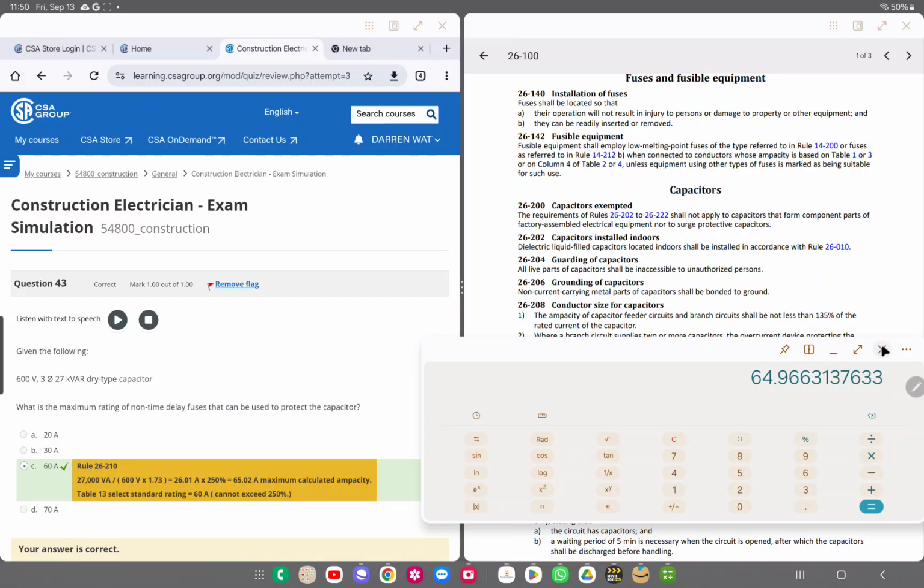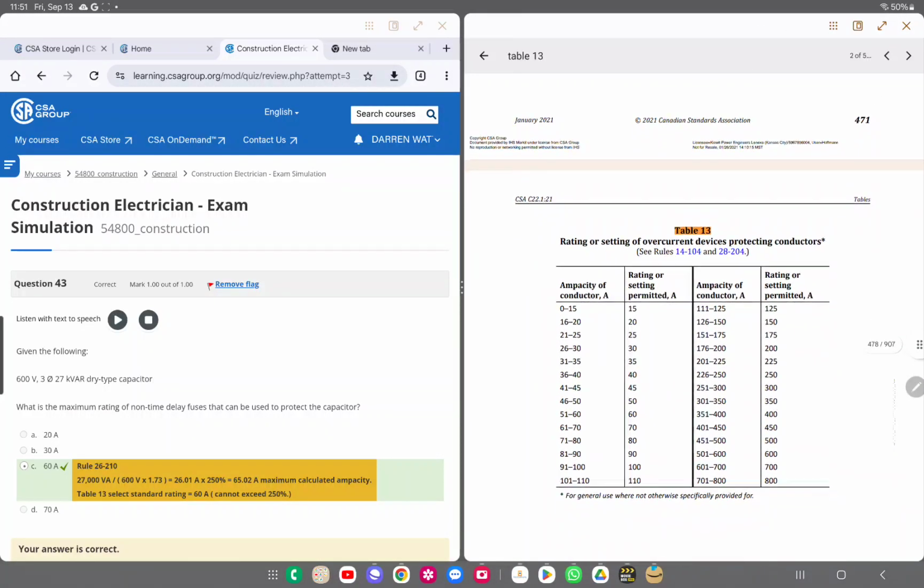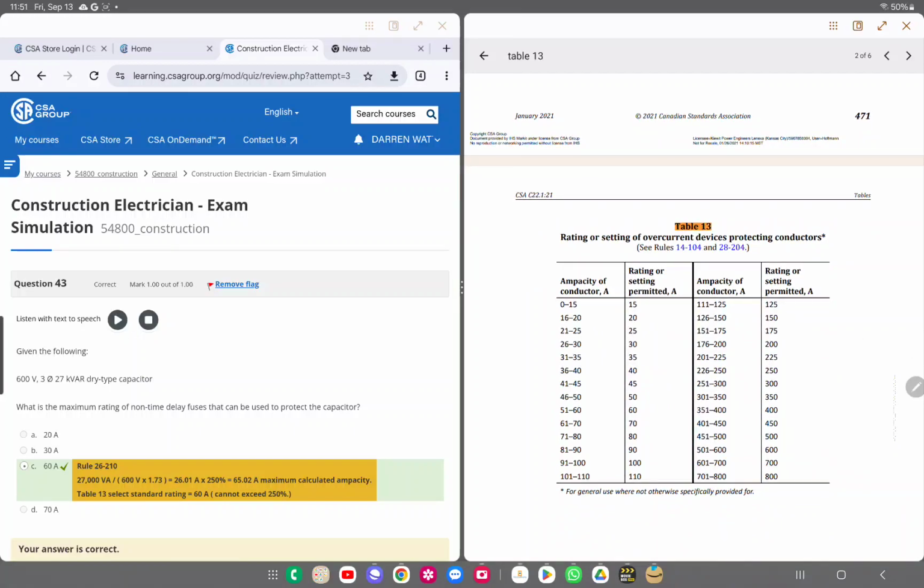We take ourselves over to Table 13. We are looking at 65, so 65 amps. We're in the range from 61 to 70. That's where our 65 would land.